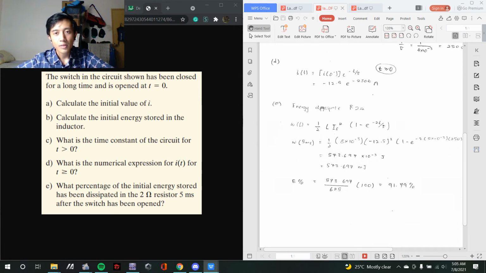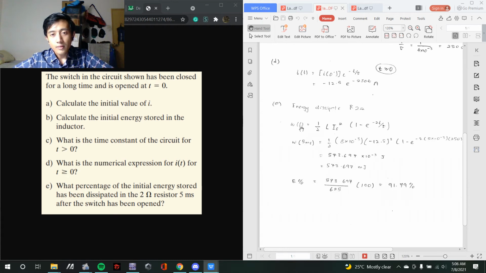Lastly, the question asks for the energy dissipated through the 2 ohm resistor after 5 milliseconds in which the switch has been opened. The expression for the energy dissipated is work at a certain time equals 1 over 2 times the initial current to the power of 2 times 1 minus e to the power of negative 2t over the time constant tau.